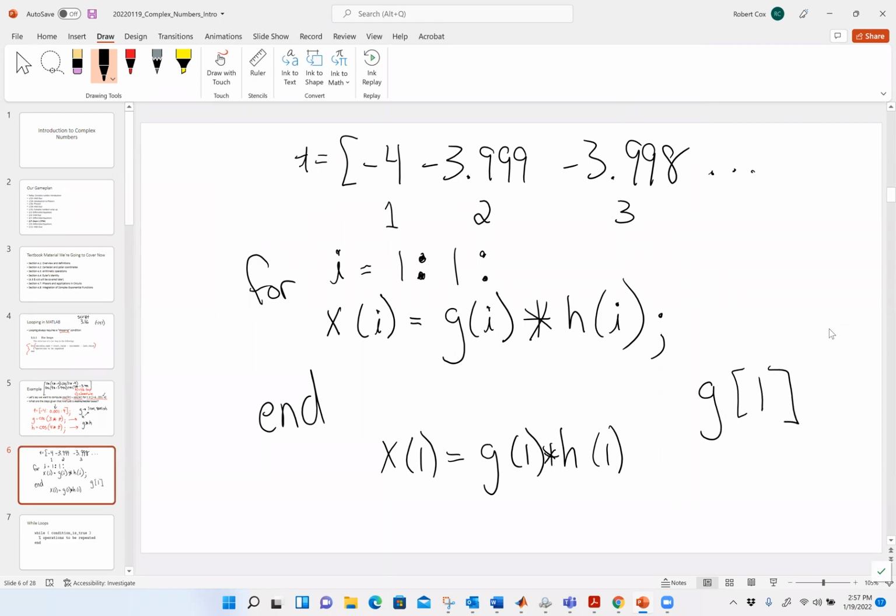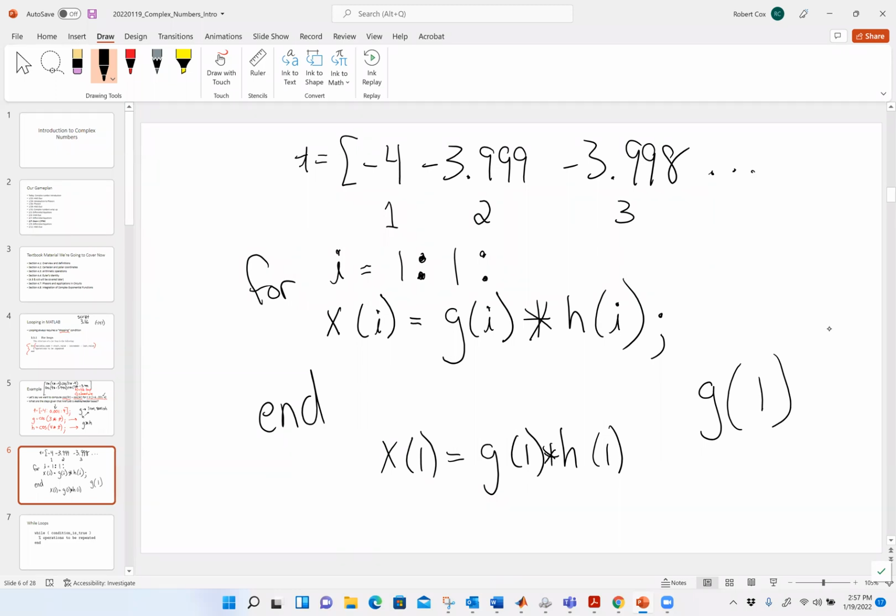MATLAB doesn't work like that. In MATLAB, it's parentheses. That's going to give me the first entry. If I have a variable named G, then it's going to give me the first entry of that. If there was a function called G, then this would be an argument passed to that. But because I have a variable named G, it's calling the entry at that point.